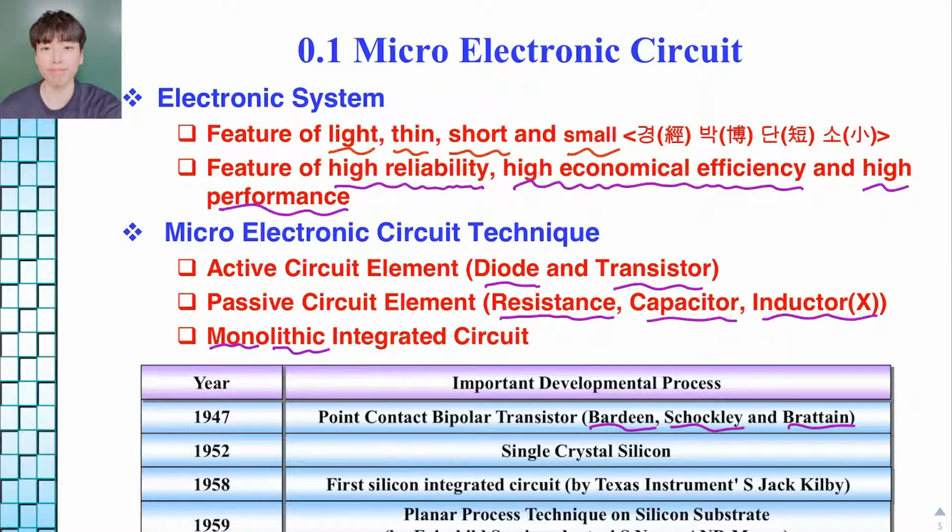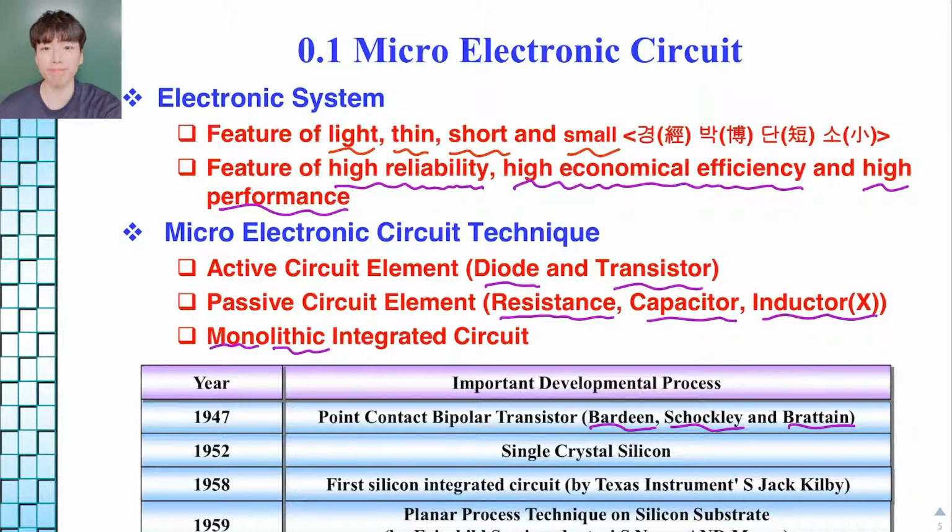In 1959, the planar process technique on silicon substrate was developed by Fairchild Semiconductor. In 1963, CMOS logic circuit was developed, and in 1971, the 4-bit microprocessor was developed.